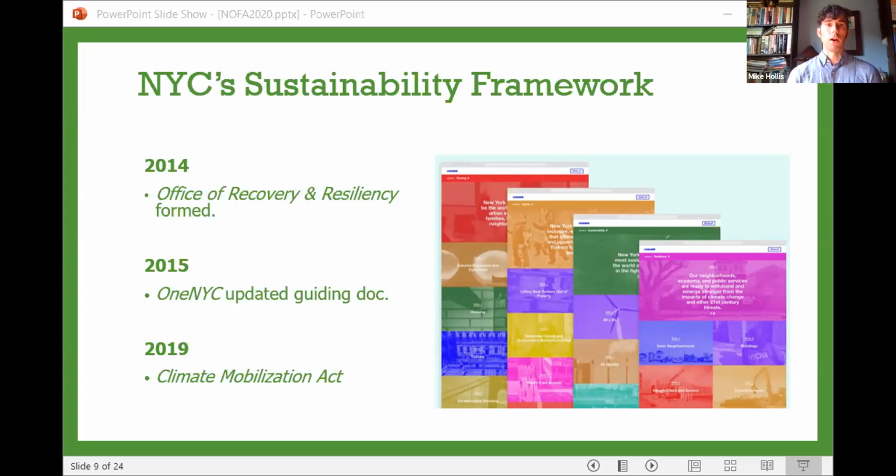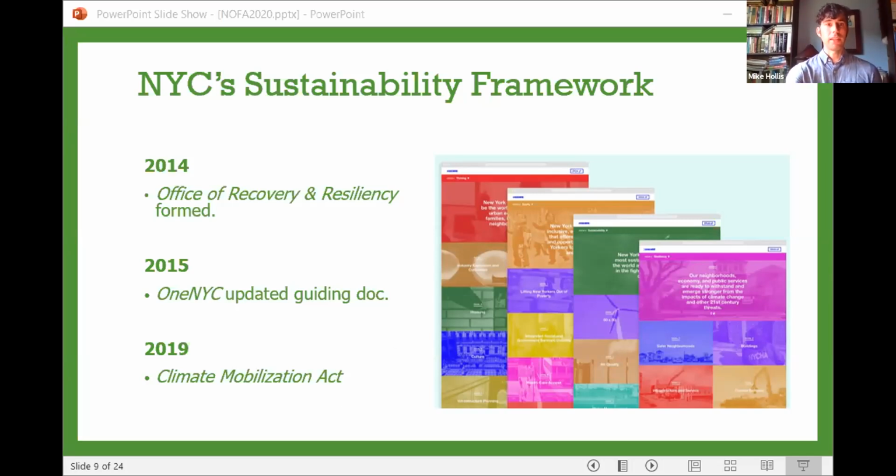Waste reduction with phasing out of single-use plastics and organics collection, as we mentioned before, a new focus on environmental justice, and within that, starting to look at regional interconnections with New York City as a job provider and supporter, and the reliance on the region for affordable housing.